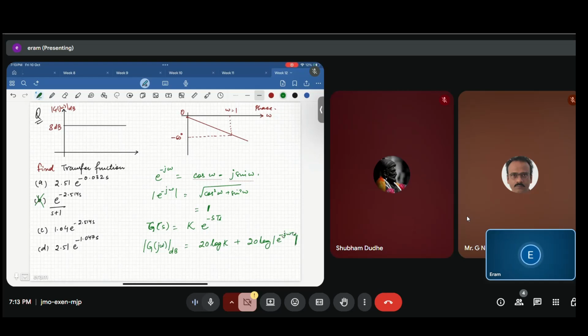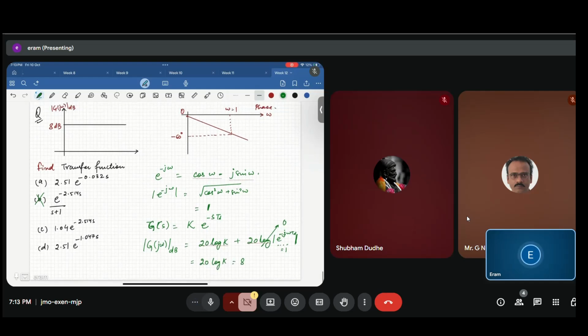And we have seen that this value equals 1 and 20 log 1 is 0. So this term goes out. So we only have 20 log k, and this is given as 8. So how much is k then? k will be 10 to the power 8 by 20. Okay, so if you calculate it, you will get 2.51. So the gain of the system is 2.51.